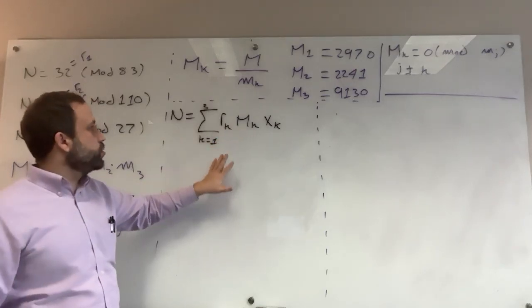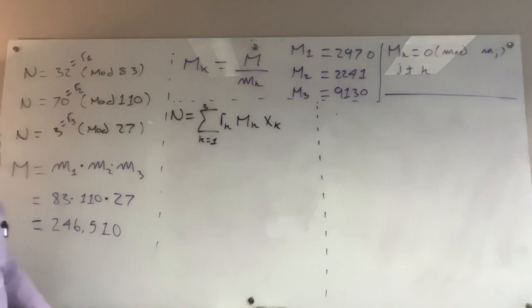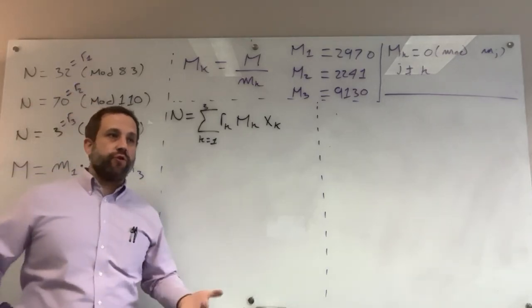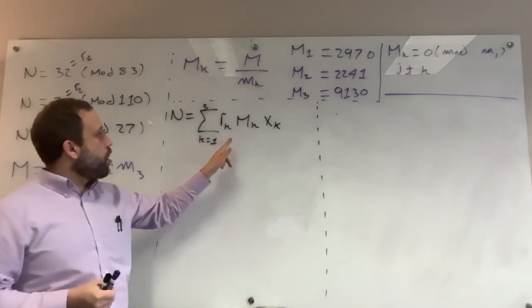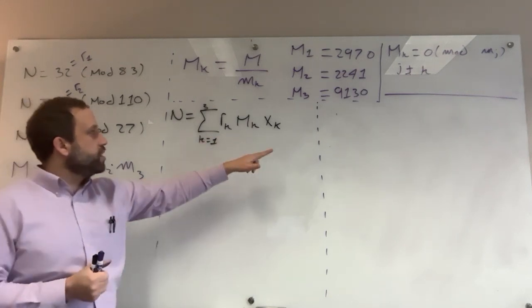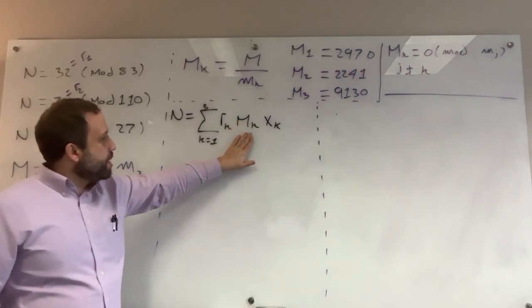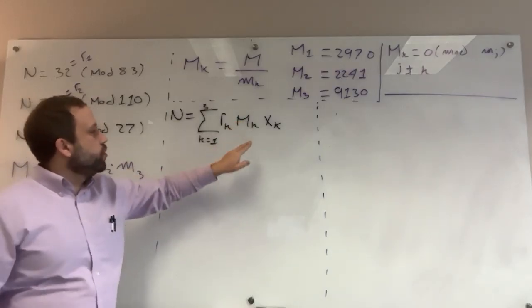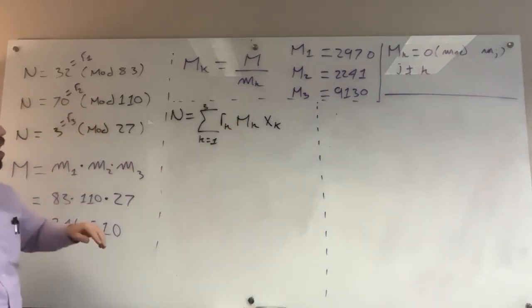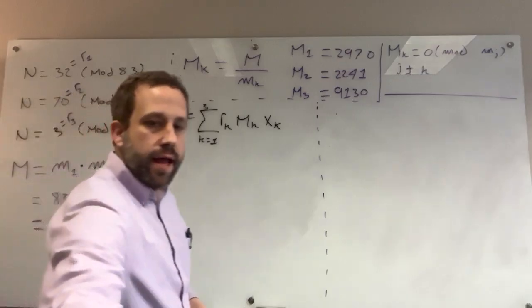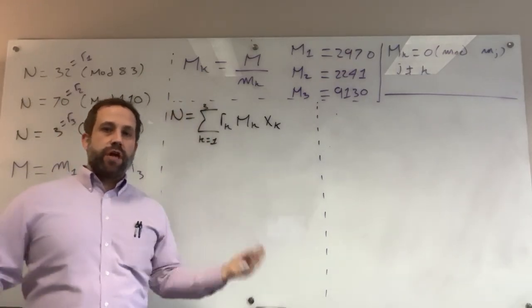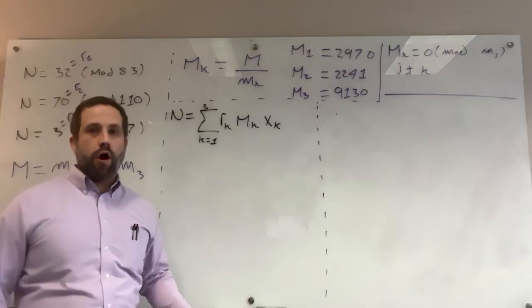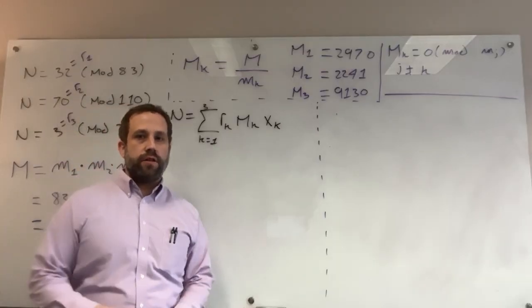So when k is equal to 2 and 3, these terms are going to be 0 mod little m1, because big M2 and M3 are multiples of little m1. On the other hand, when k is equal to 1, big M1 is going to be congruent to P1 mod little m1, and then this is going to be congruent to R1 times P1 times X1, but P1 times X1 is 1, and then you multiply it by R1, you get R1 mod little m1.